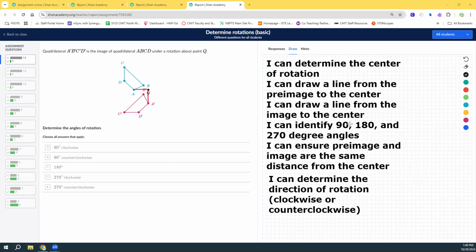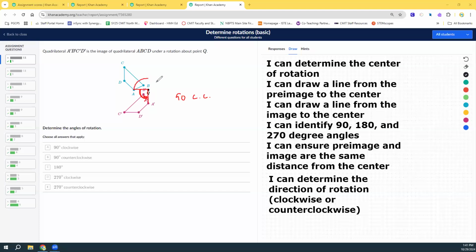Okay, I can identify 90, well, I see a 90 degree and I see a 270, right? Well, we can get there in two different ways. We can get there by going 90 degrees this way, which would be counterclockwise.